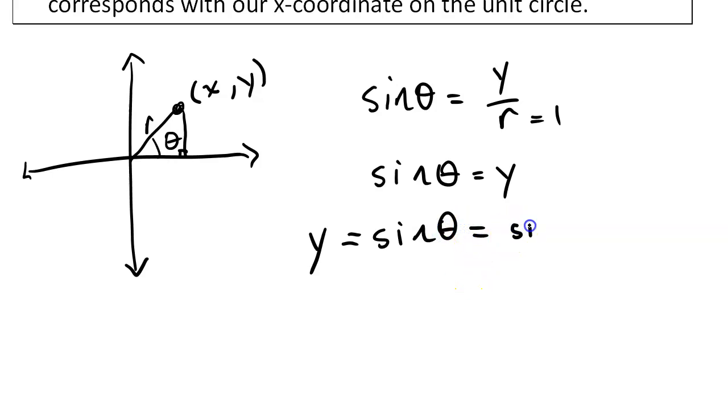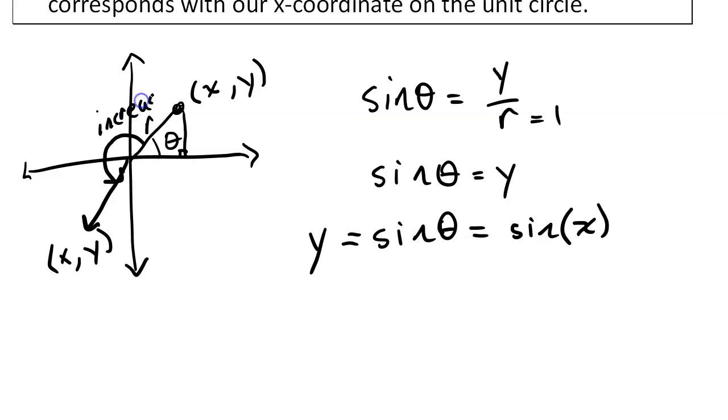But instead of using theta, now we're going to use x. This theta is going to give you a different y coordinate and x coordinate as it changes. So as theta increases, your x and y are going to change based on how much it increases.